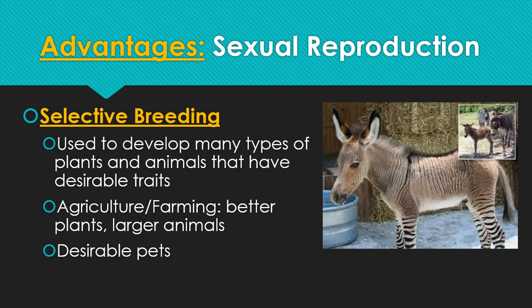Sa agriculture kasama na diyan yung fisheries, yung sa plants, etc. Desirable pets, 'di ba? Yung mga hybrid. Hybrids are actually a product of sexual reproduction. Kumukuha sila ng magandang trait sa mom and magandang trait sa dad. So, magkaroon ng variation para magkaroon ng desirable trait.